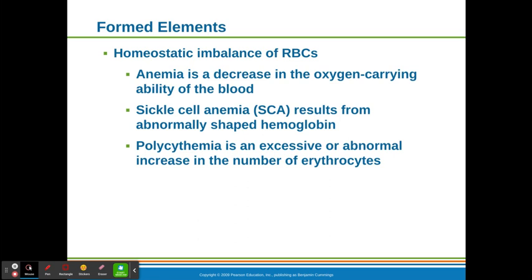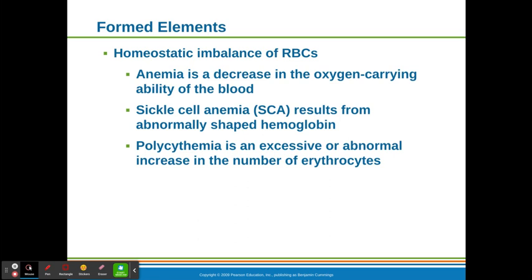So if our red blood cells get imbalanced, okay, if you have anemia, this is a decrease in the oxygen carrying capacity of blood. With anemia, you can have things like lightheadedness. If you stand up too quickly, everything kind of fades to dark. That indicates that you may need to take an iron supplement or maybe eat some red meat. Okay, sickle cell anemia.